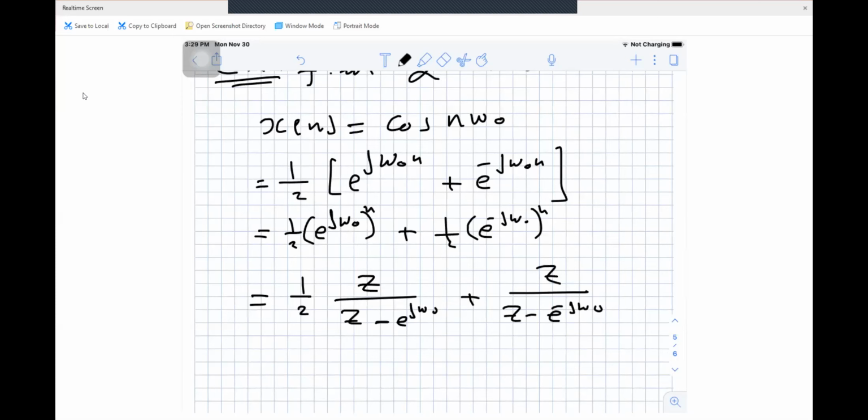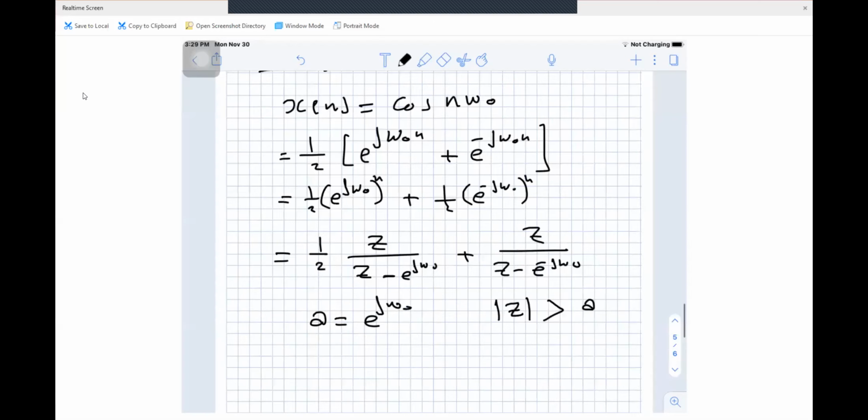Of course, in this time, A will be e to the j omega naught, or e to the minus j omega naught, the same. And when we're talking about the region of convergence, we have magnitude of Z greater than something, greater than A.